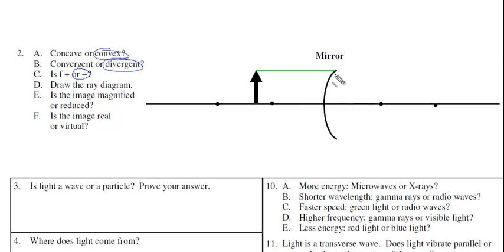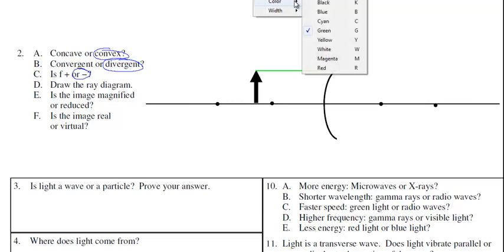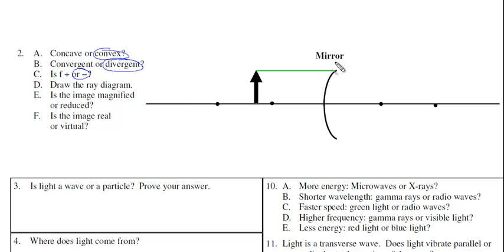So that's not so different. Now it's a mirror, so the light is going to reflect off, right? It's not going to refract, it's going to reflect off, and the direction that it reflects off has to do with how the virtual part of the ray goes and interacts with the focal point.